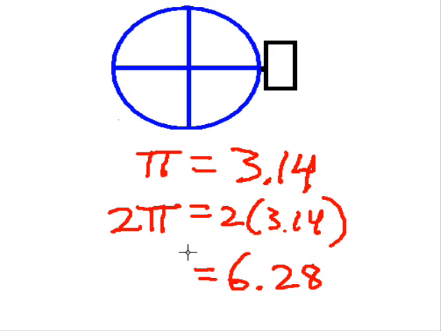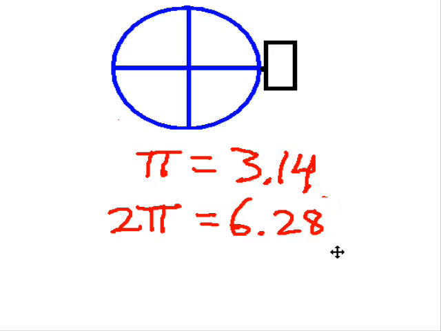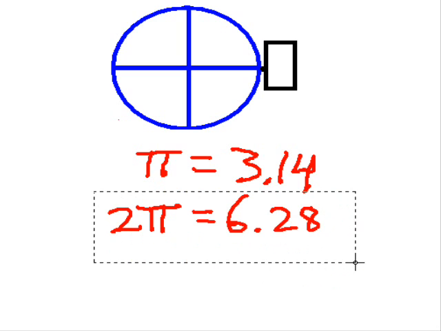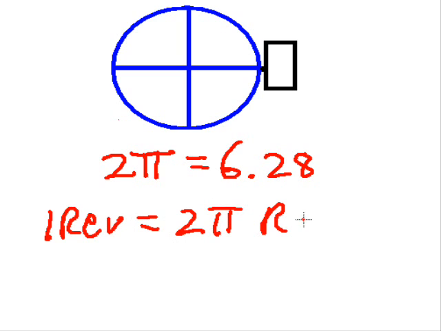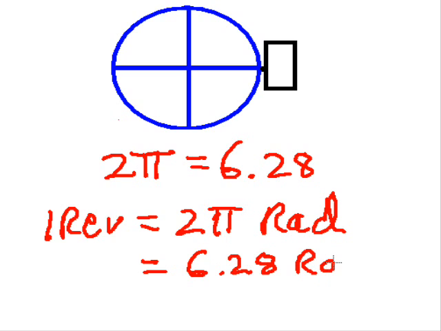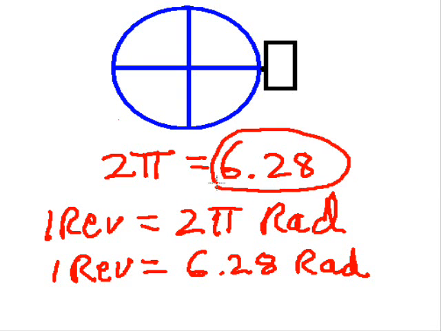If 2 pi equals 6.28, and I say 1 revolution around the circle equals 2 pi rad, how much is that then? That's 6.28 rad. 1 revolution is 6.28 rad, because 2 pi is equal to 6.28.